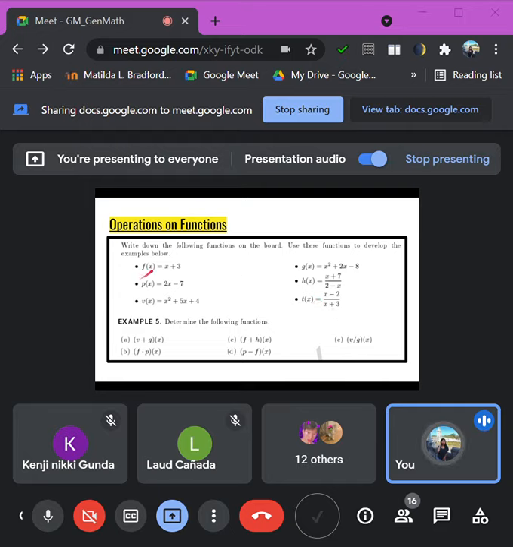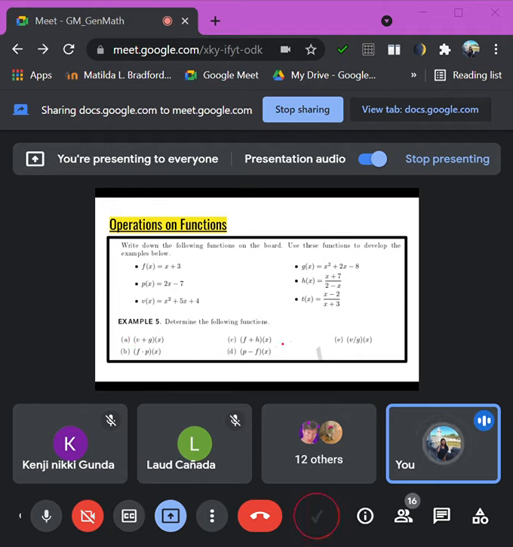So as you can see, these are the representations of the functions. Before, in addition, we used f or g. That was an example. Now, since we have f, p, v, g, h, and t, we will use these. And let's answer these following.